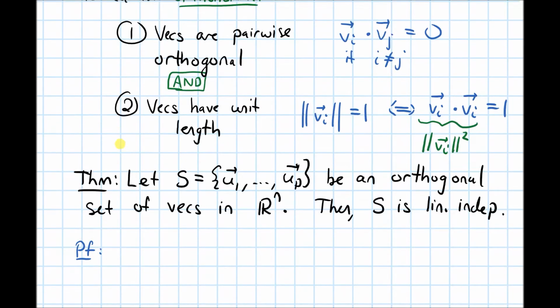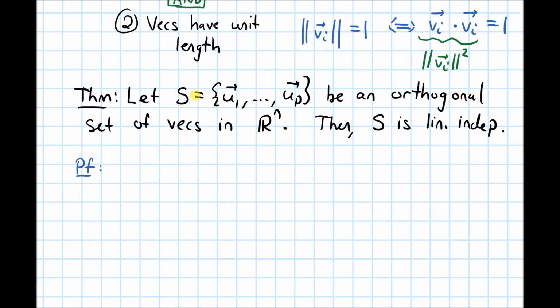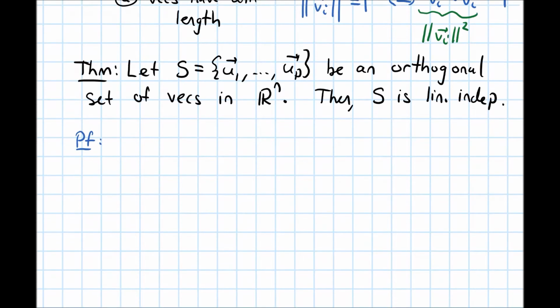All right, so now let me state a theorem about orthogonal vectors. If we have a set of orthogonal vectors, u1 up until up, then that set is linearly independent. So let's prove this. The way I'm going to prove that these vectors are linearly independent is I'm going to begin by taking a linear combination of them that equals 0.